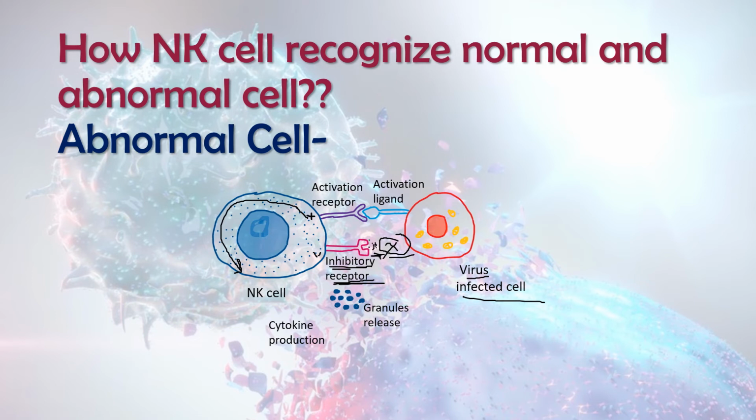So it could not inhibit the activation process, as the inhibitory receptor found the MHC molecule displaying foreign antigen. So here the activation receptor binds to the activation ligand of the virus infected cell, and activation outweighs the inhibition. There may be two cases. The first one is the cell is not expressing any kind of MHC molecule, so inhibition stops.